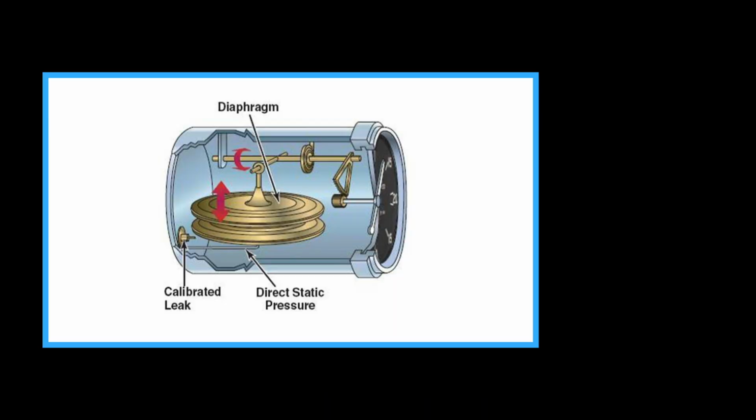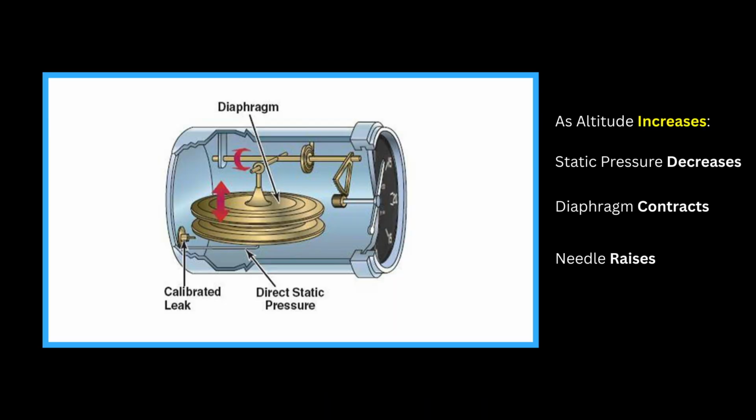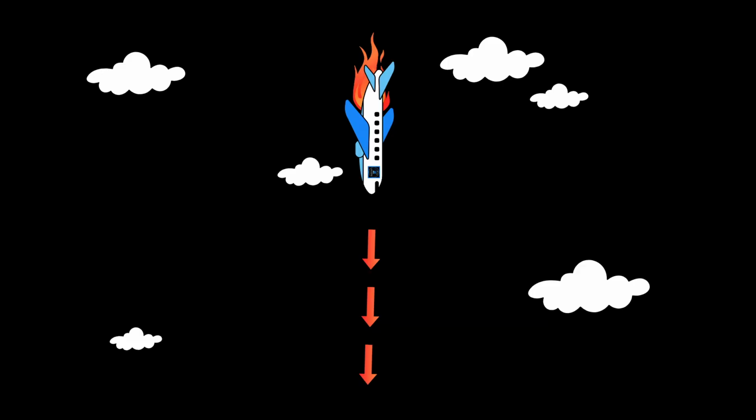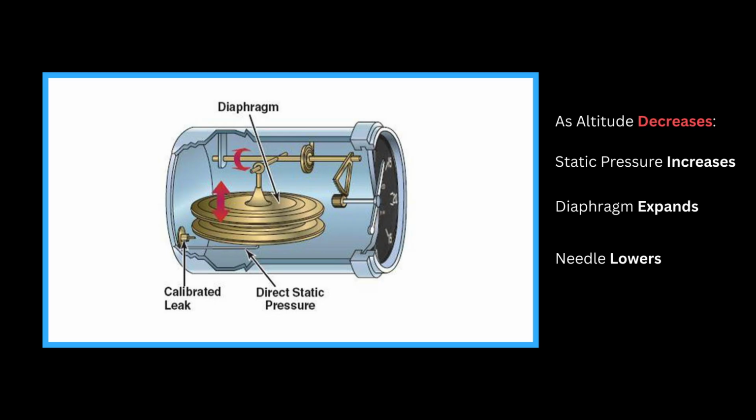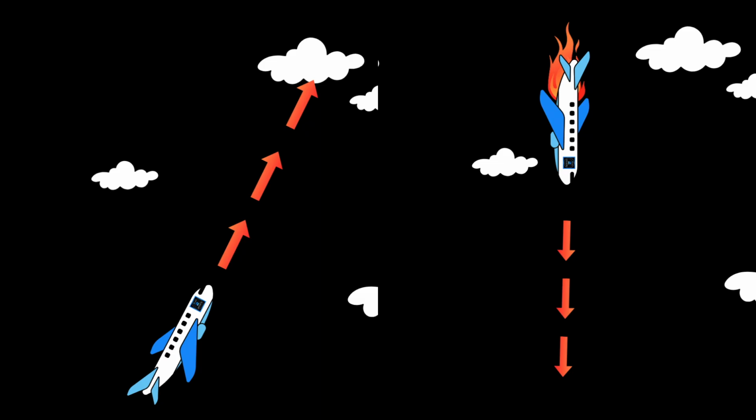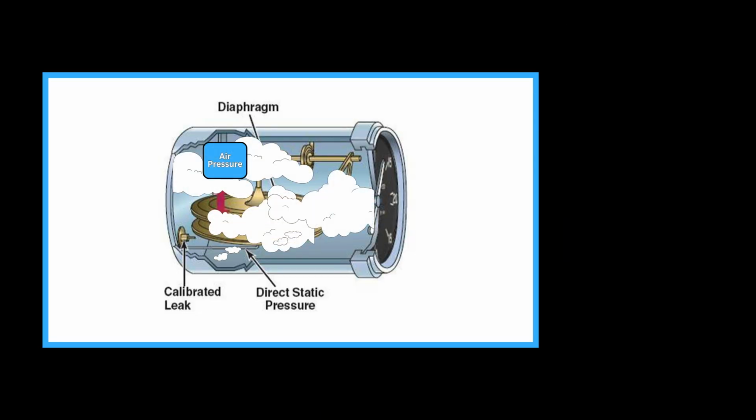So let's say you're in a climb. As your altitude increases, the static pressure decreases, causing the diaphragm to contract, raising the needle on the VSI. If you're in a descent, the static pressure increases because altitude decreases, causing the diaphragm to expand, swinging the needle downward. Whether you're climbing or descending, air pressure gets trapped inside the case regardless.